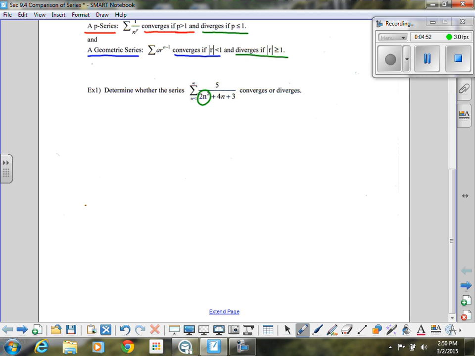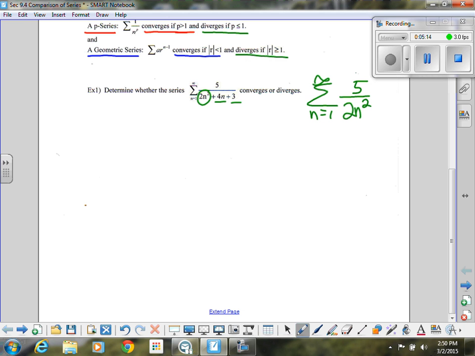So let's compare that. Let's see what do we know about a series that's kind of similar to that, which would be the series 5 over 2n squared. Notice that I kept the numerator the same and I kept the coefficient the same, but all I did was drop these trailing terms.